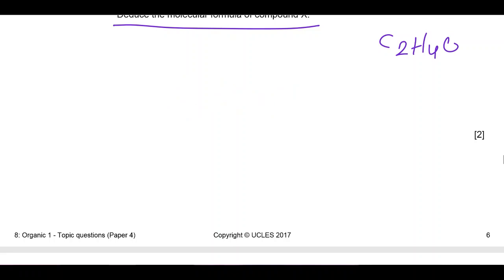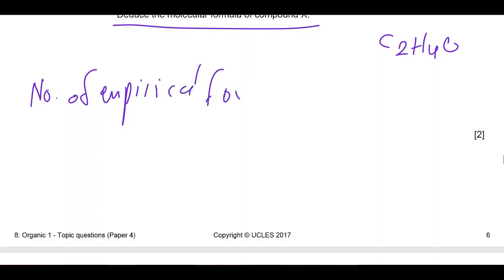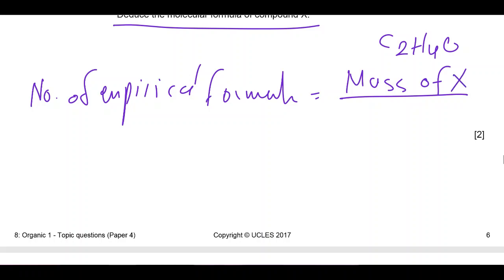Okay, so you need to calculate the number of empirical formula units, which is equal to the mass of X over the mass of the empirical formula.